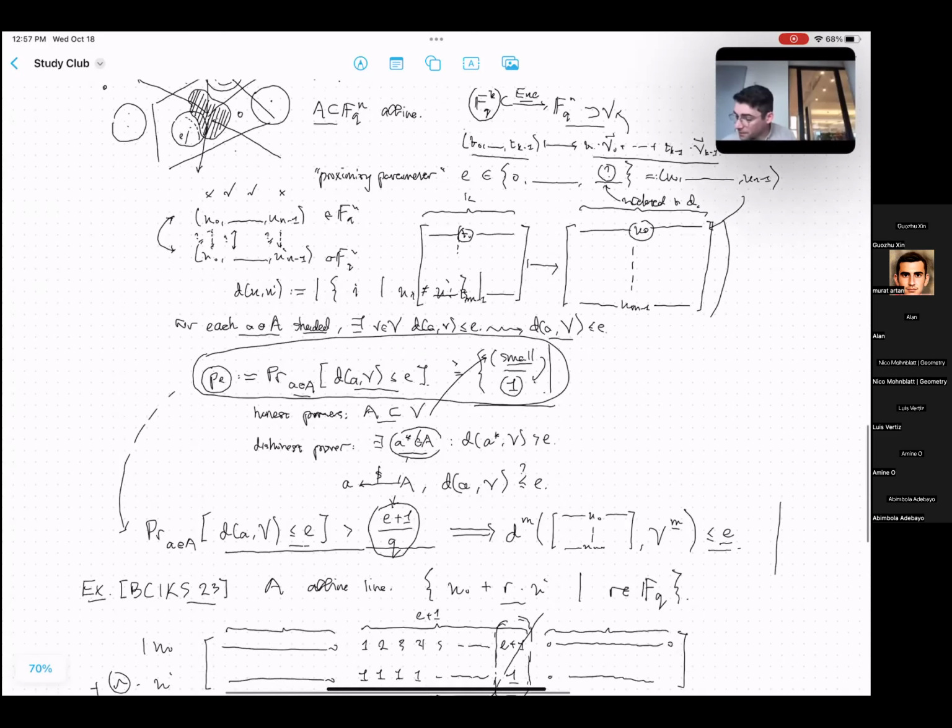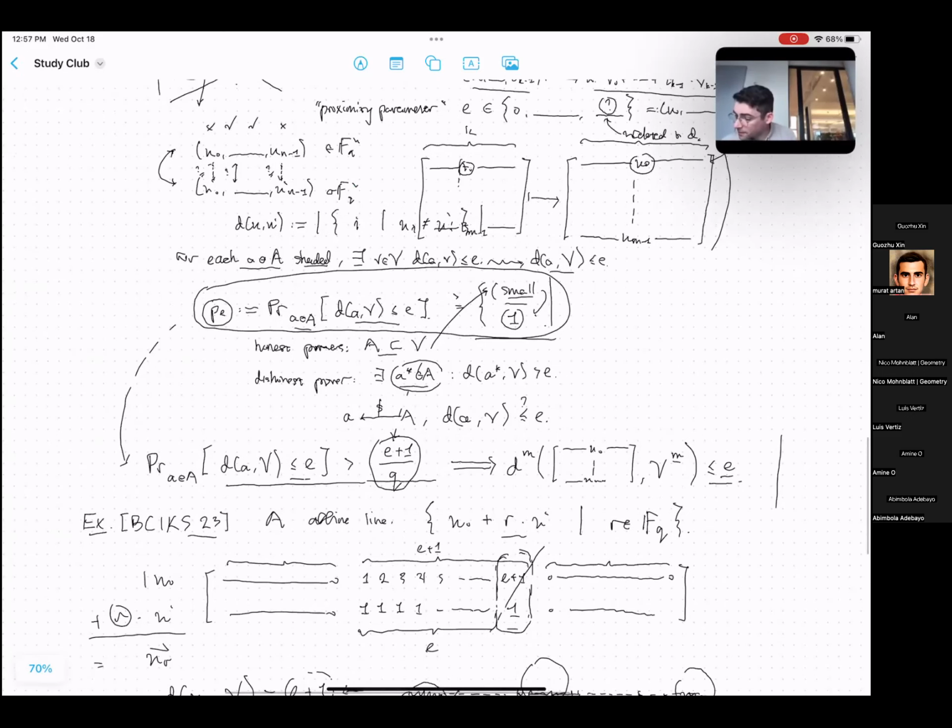But another thing also happens, which is that the conclusion becomes weaker, right? Because now the distance that we're asserting this thing is from the code becomes higher. For a bigger E, we're asserting something weaker.